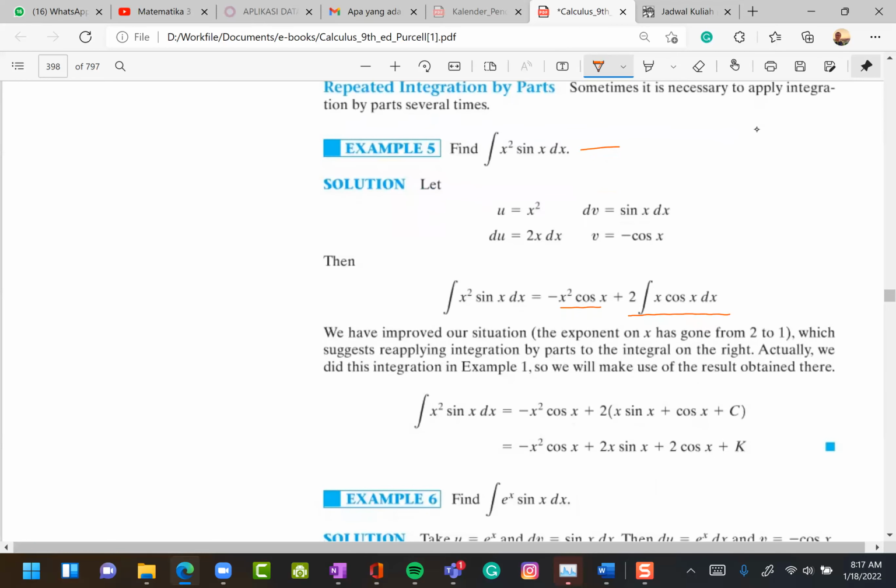Okay, so here we let u equal x, dv the rest. So du equals dx, and v, the integral of cosine, is just sine x.